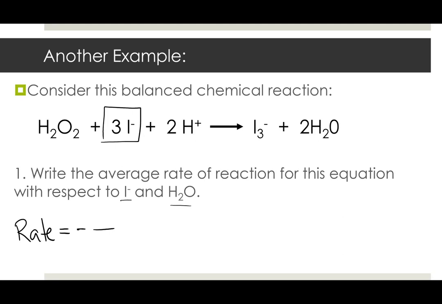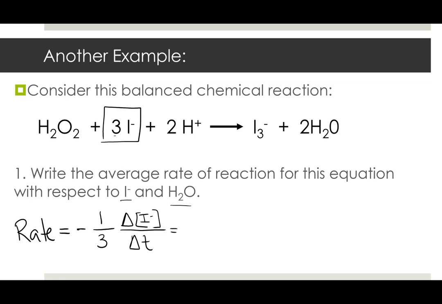So we'll put a negative out there. Then I see this coefficient of 3. So I need to first address that and say I don't want to look at 3 moles. I want to look at 1 mole. So I put the fraction 1 over 3. Then I'm going to look at the change in concentration of I over the change in time.